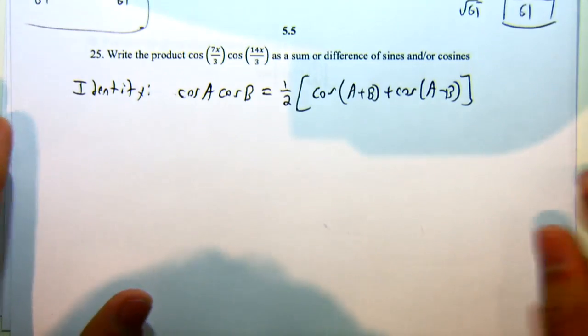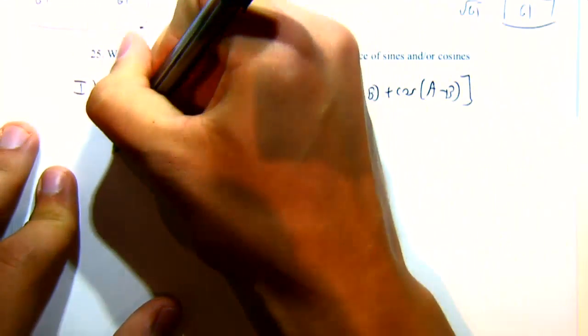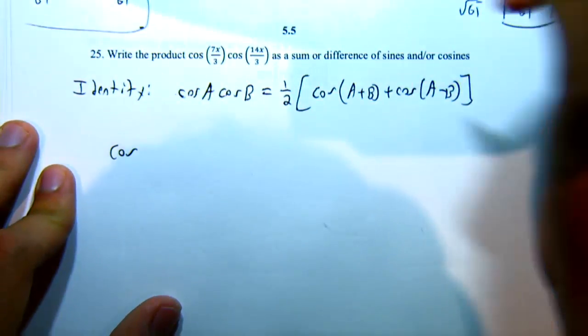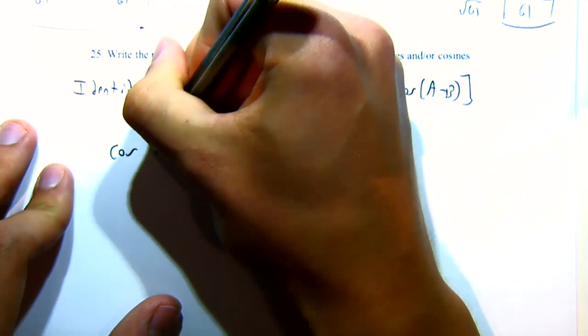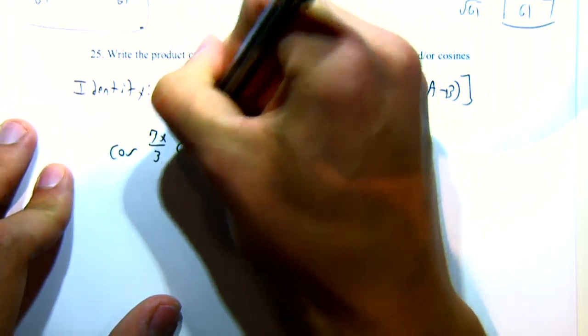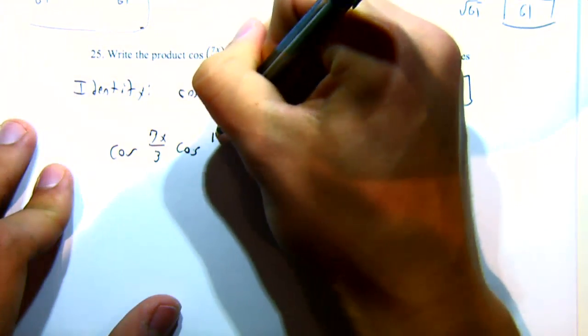All right, so essentially we can write it like so: cosine of 7x over 3 times the cosine of 14x over 3.